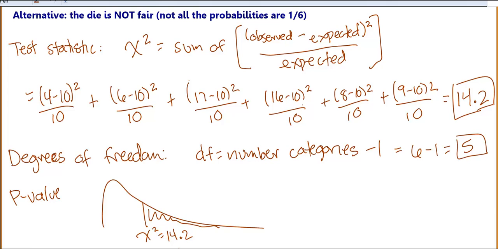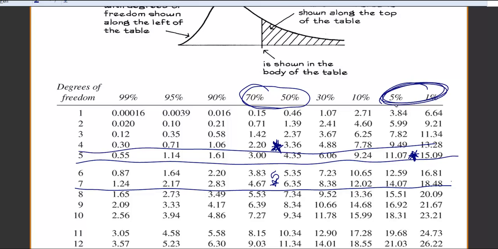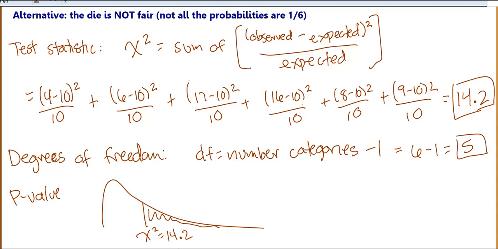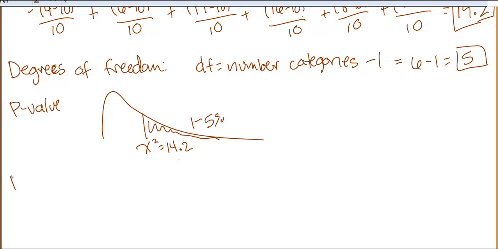So let's go to our chi-squared table. This time now we have 5 degrees of freedom, and we're looking for 14.2, which would be somewhere about here. So my area is between 1 and 5%. So my p-value is between 1% and 5%.